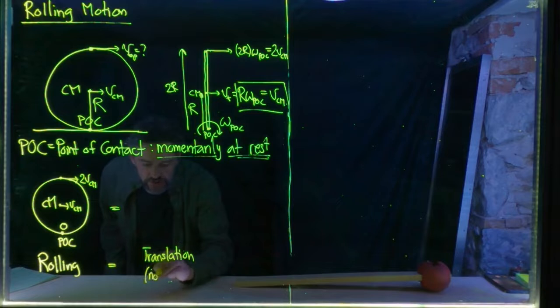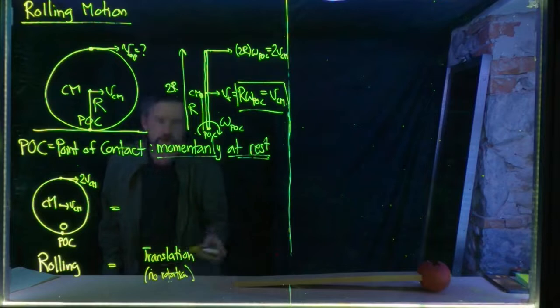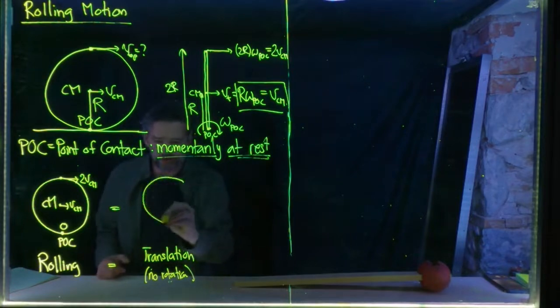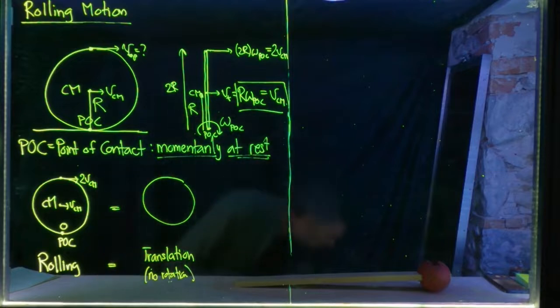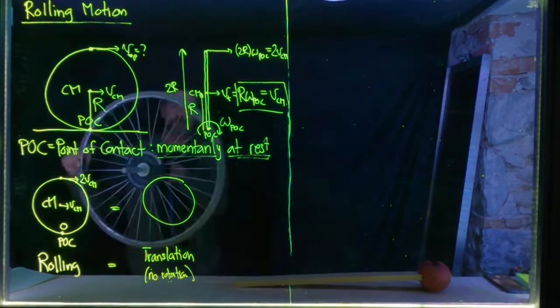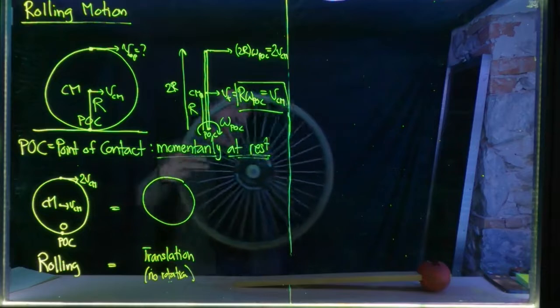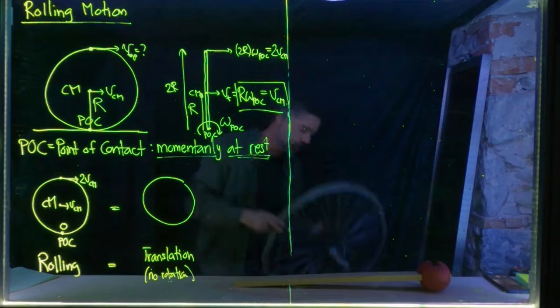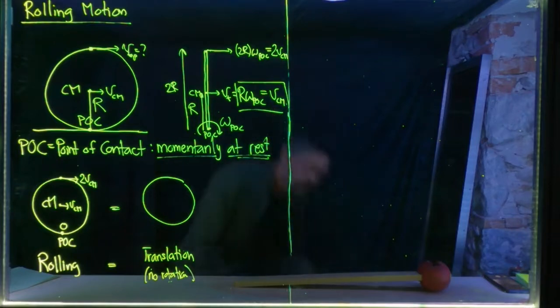Okay? But this rolling motion is actually equal to a translational motion, translation with no rotation. Okay, so that means we have the wheel like this. It is not rotating, it is just translating with every point on the wheel moving with the same velocity VCM. No rotation, translation only.